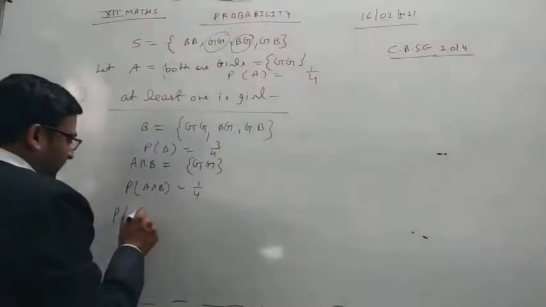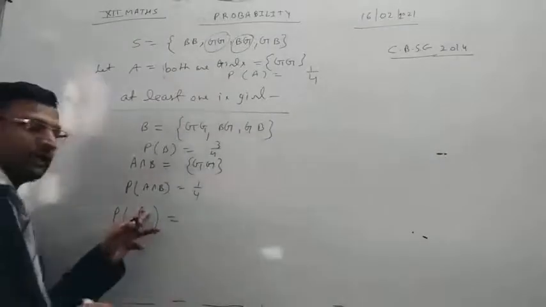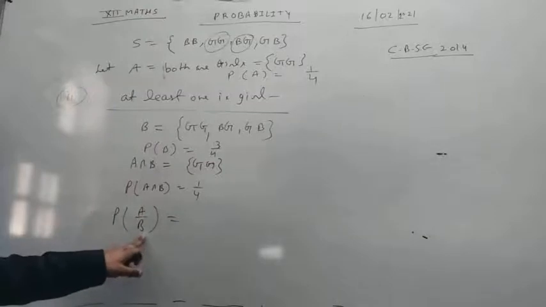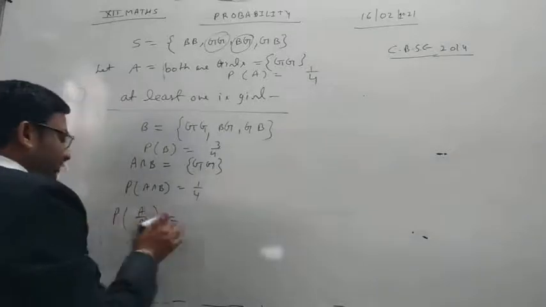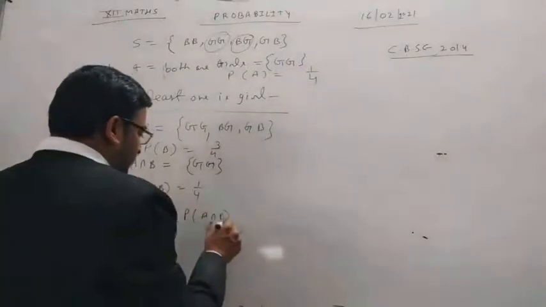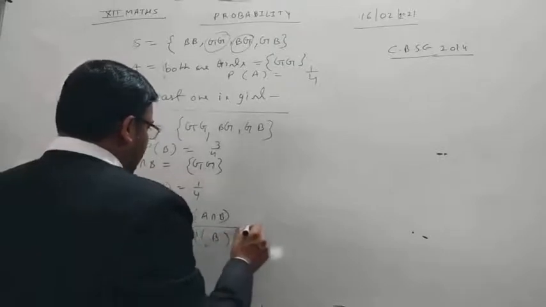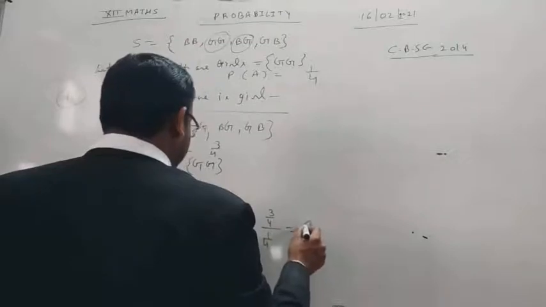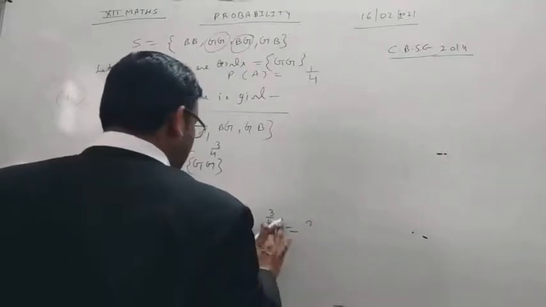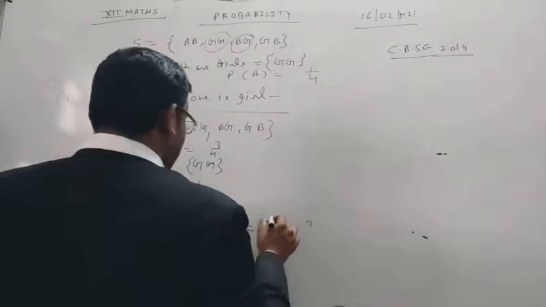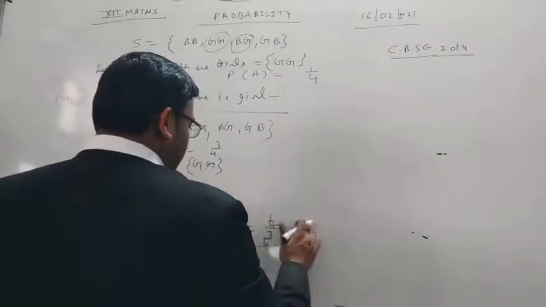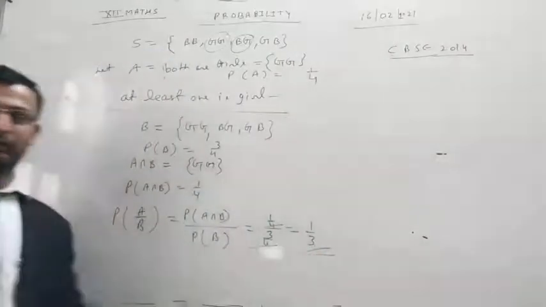Now the probability of A given B, that is the probability of getting both girls if at least one girl is there, will be probability of A intersection B by probability of B, that is 1 by 4 divided by 3 by 4. So this cancels and we write 1 by 3. So that will be the probability.